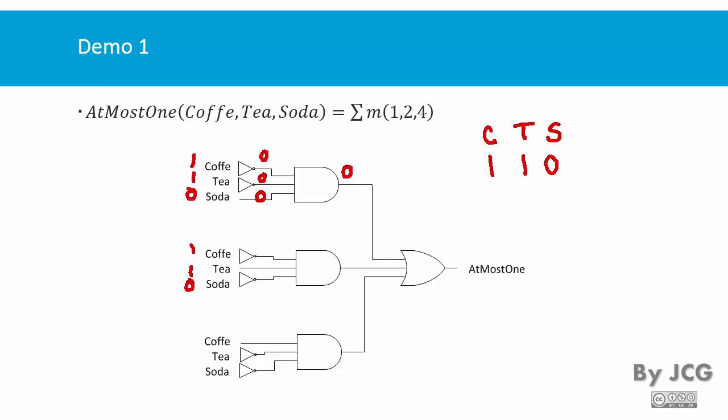So 1 inverted is going to be 0, 0 inverted is going to be 1, 1 here, and the result, because it's an AND function, is 0. We do the same for the final circuit, and the result is also 0. Now, since we have 3 zeros in an OR, then we have 0. So this means that at least in this specific combination, combination 110, our circuit works.